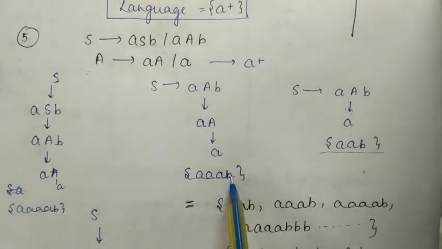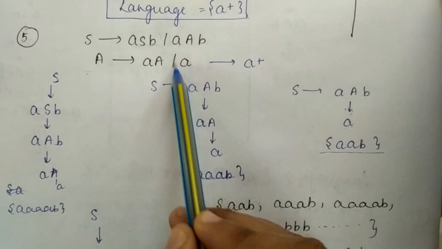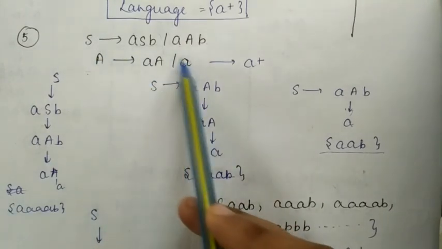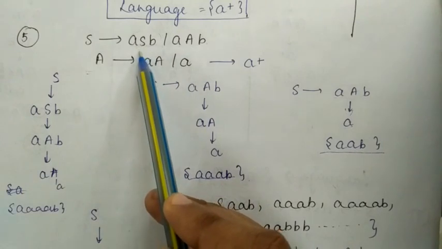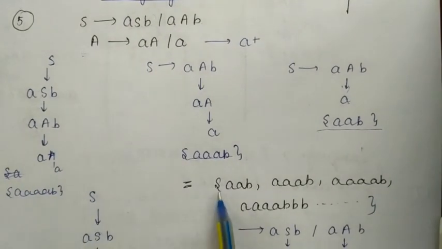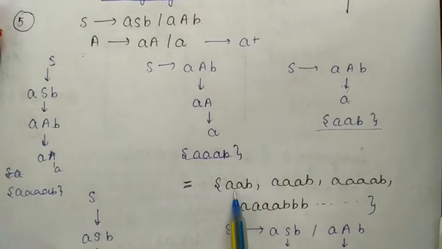So for reaching the terminal, we will have to replace this S by AAB. Then we replace either by AA, or by A, and that is how we generate the string.